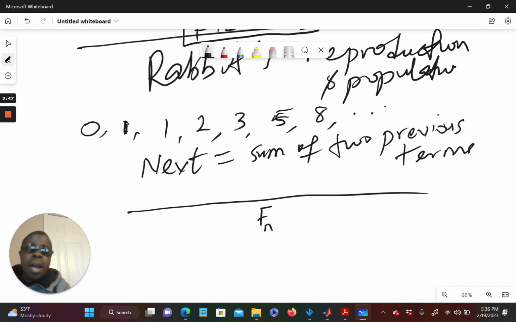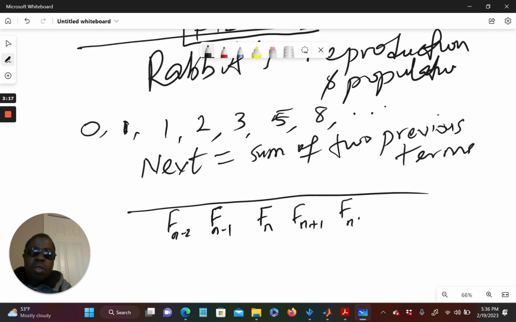I'm using F because most textbooks use F to give honor to the man that discovered the sequence, Fibonacci. I could have used T for times. So before Fn, I will have Fn minus 1, and before Fn minus 1, I should have Fn minus 2. And if I move to the right side of Fn, I'm going to have Fn plus 1, Fn plus 2.